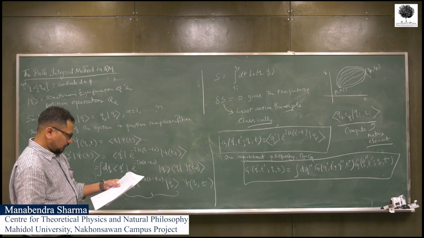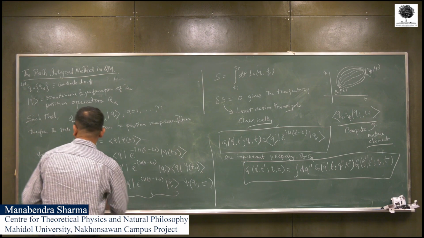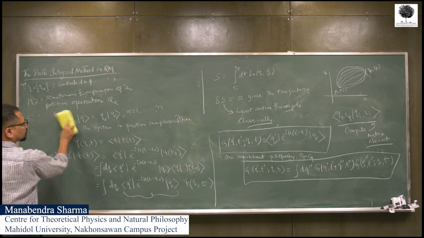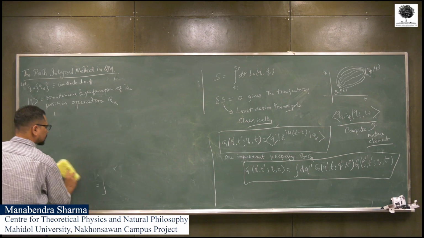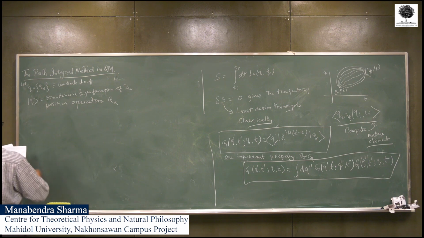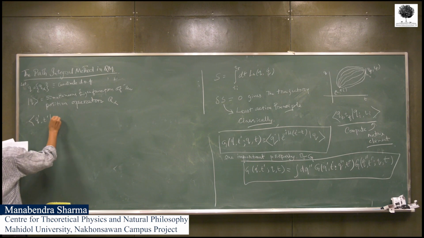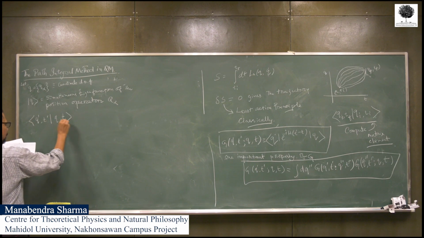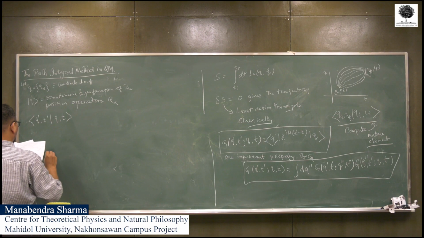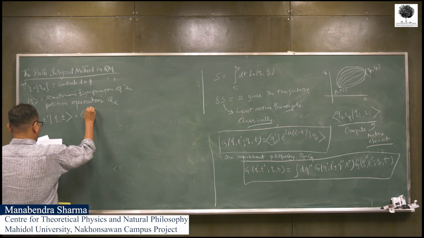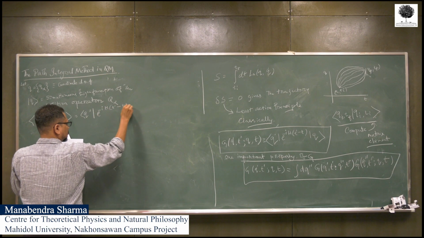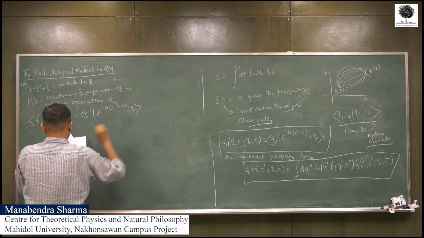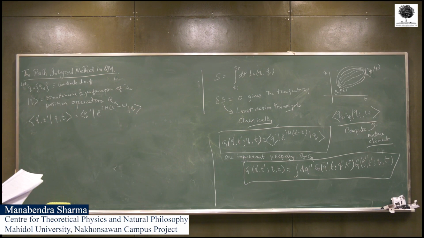Now I go on to calculate this quantity, ⟨q′, t′|q, t⟩, which is equal to ⟨q′|e^(−iH(t′−t))|q⟩.